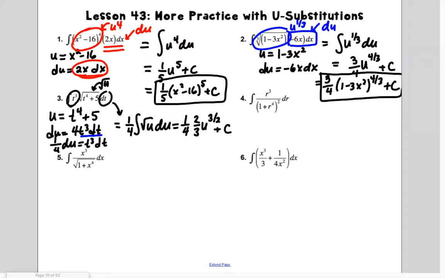Okay, so we integrate. We're going to have the 2/3 u to the 3/2, but we still have that 1/4. So 2 over 12 becomes 1/6 u to the 3/2 plus c. And our u was t to the 4th plus 5.